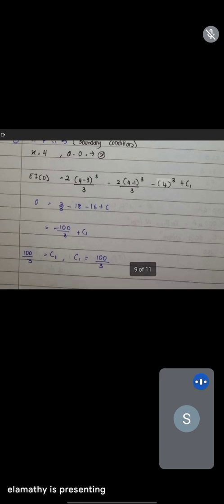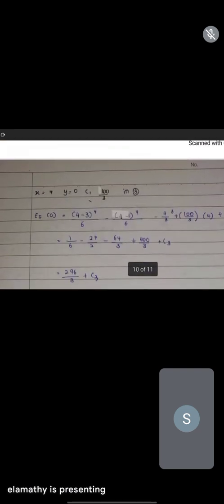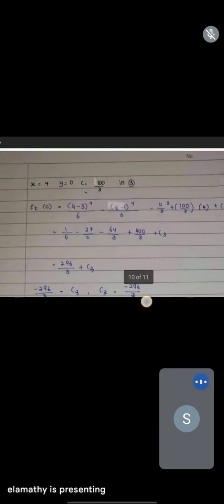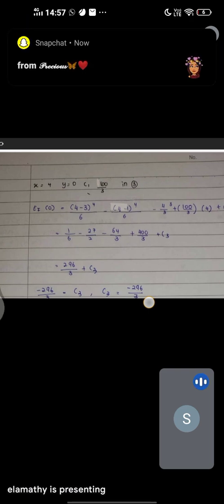So you have to change places. So C1 equals positive 100 over 3. At x equals 4, y equals 0. So C1 equals 100 over 3. So this will be the equation.